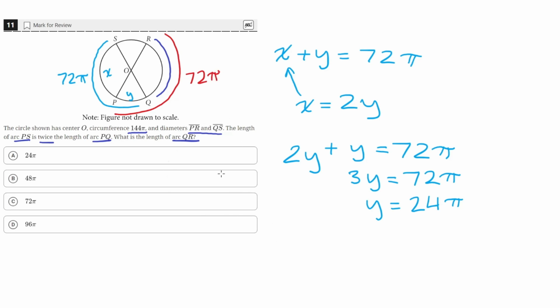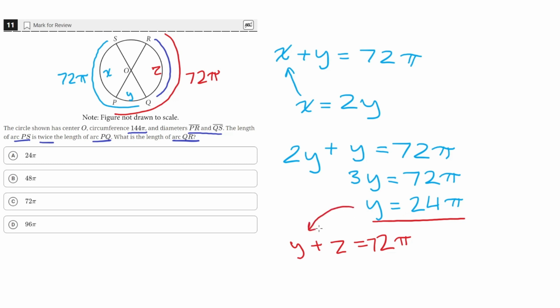So if we say that the length of arc QR is equal to Z, then Y plus Z is equal to 72 pi. But we know that Y is equal to 24 pi.